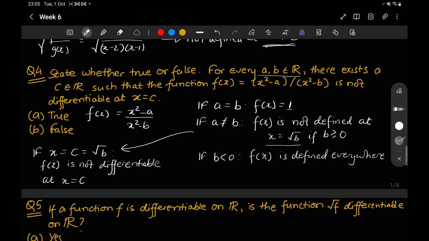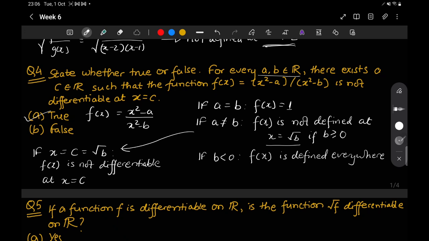at x equals c. Why? Because it is not even defined at that point. So function not being defined is definitely not differentiable. So indeed there exists this particular c which is equal to root b, such that this function is not differentiable at that point.